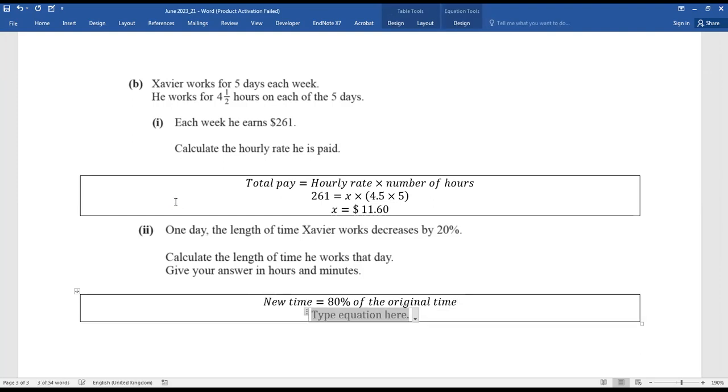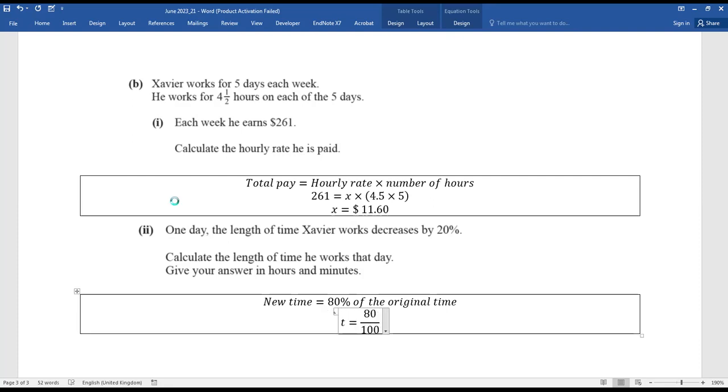And the question is asking for the entire day. I do not know the new time. I'm calling it T. 80% is 80 upon 100 of the original time. Remember, the question is asking for the entire day. So in a day, he works for 4.5 times 5.